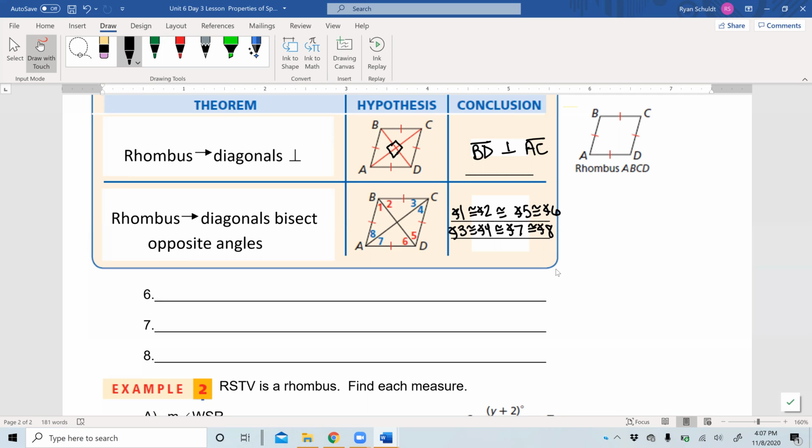Okay, so let's kind of put these down here under their own properties for a rhombus. First one is that we have 4, again, that's that many, congruent sides. So a rhombus, all sides are the same. We said up above, diagonals are perpendicular.